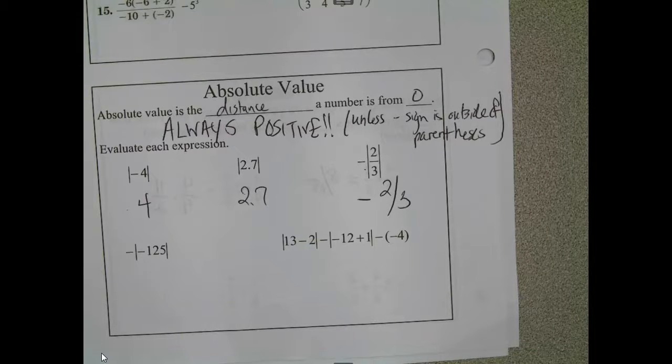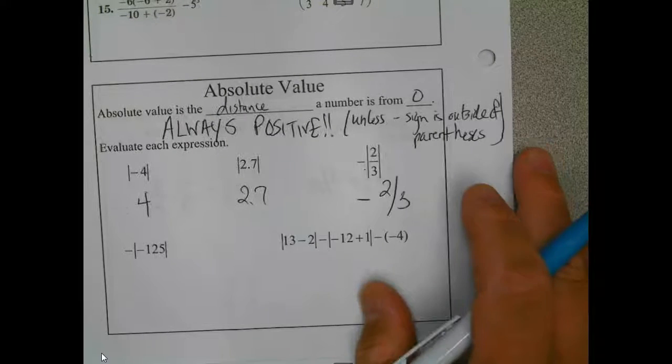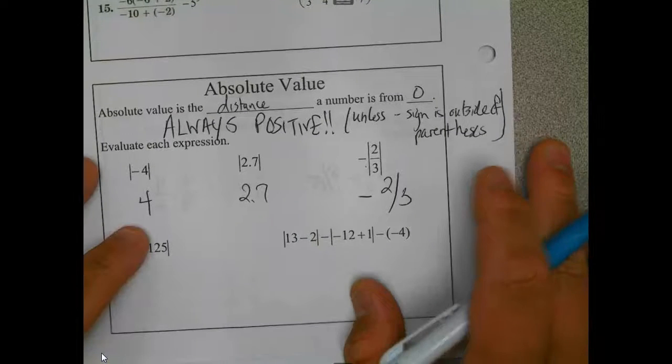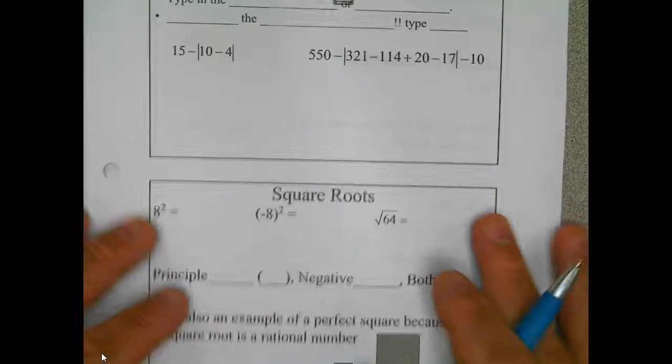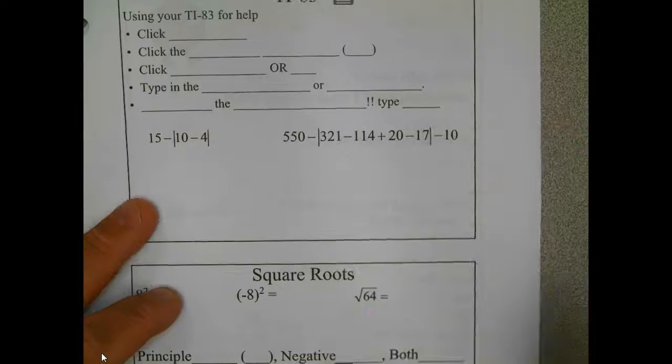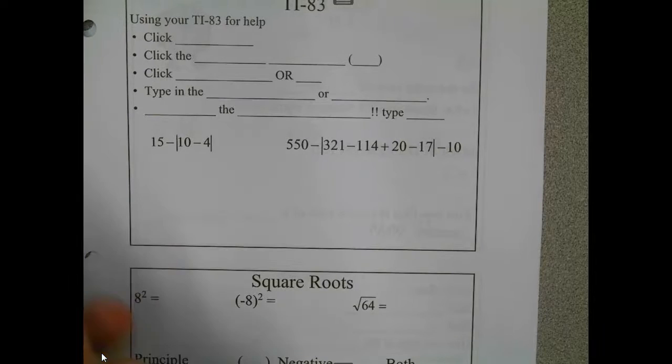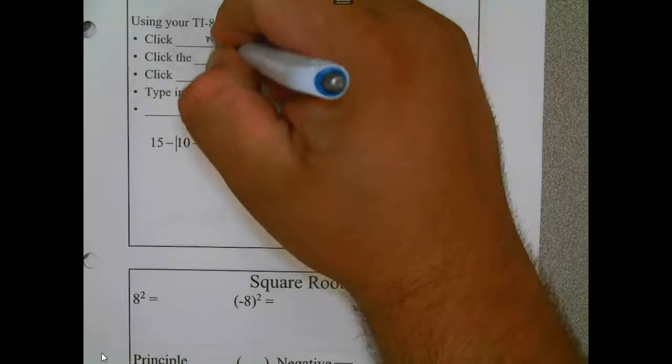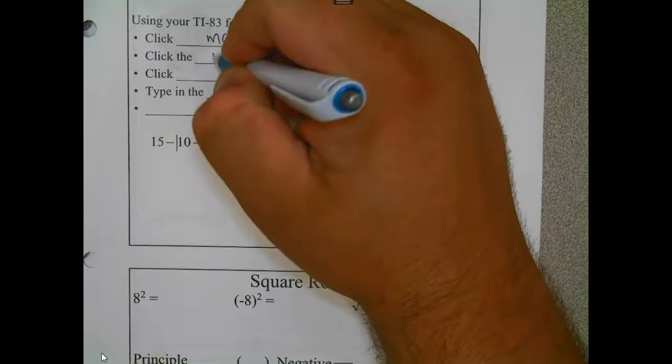The only time you can have a negative answer is if you have a negative sign outside the absolute value number. Using your TI-83 for help, you're going to click Math, and you're going to click the right arrow.